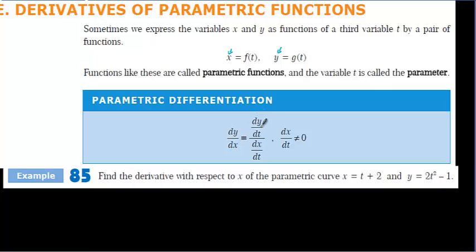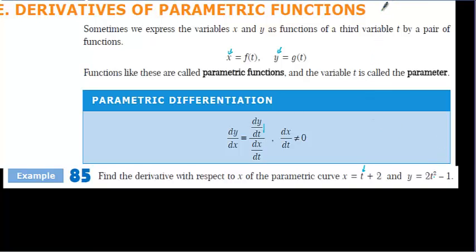We are finding the derivative of y with respect to t, and we are finding the derivative of x with respect to t again. And here the variable is t.